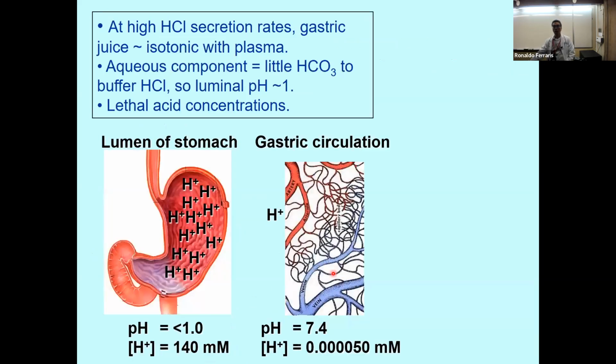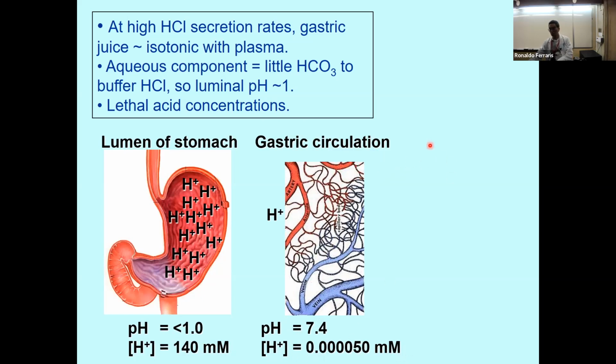So why is that? If you're actively secreting hydrochloric acid, then if you look at the lumen of your stomach, it's full of ions. The pH is about 1. The concentration in millimolar, or more accurately, milliequivalents per liter, is 140. So that's a ton of protons over there. If you look at your gastric circulation or your cytosol, the pH there is 7.4 and very low concentrations of hydrogen ions.